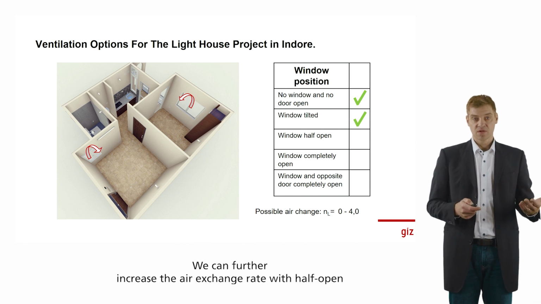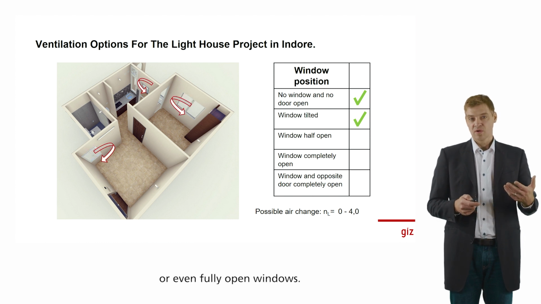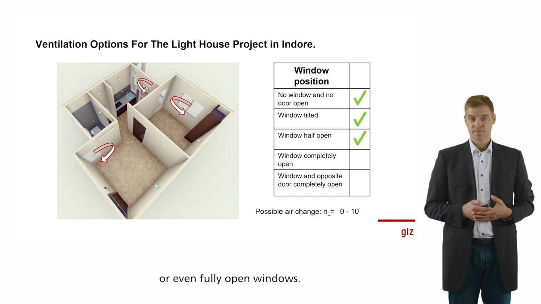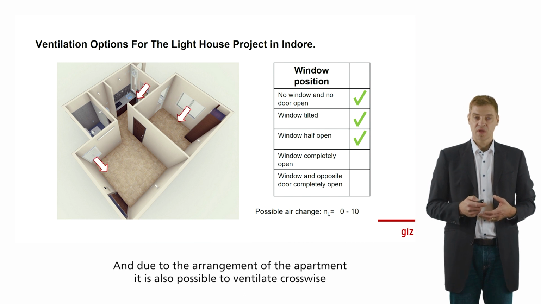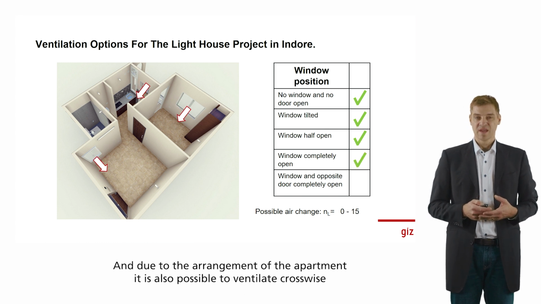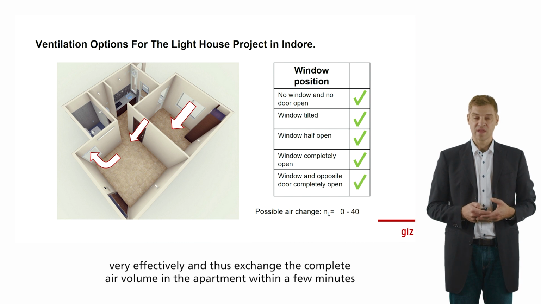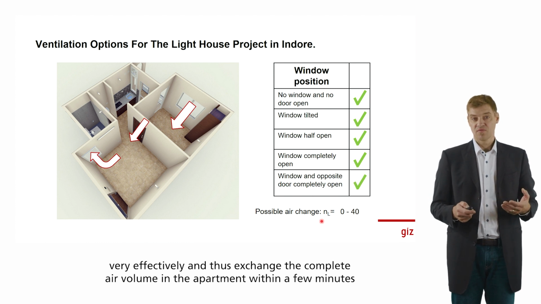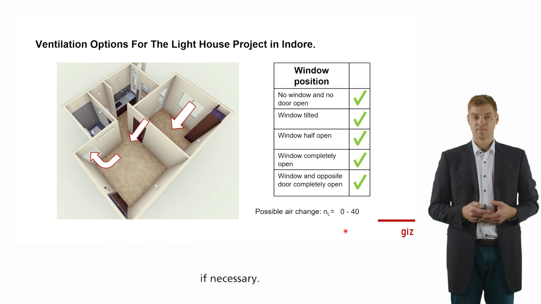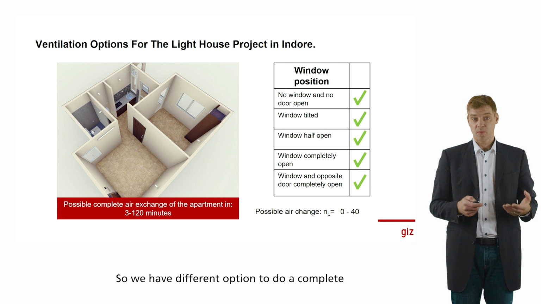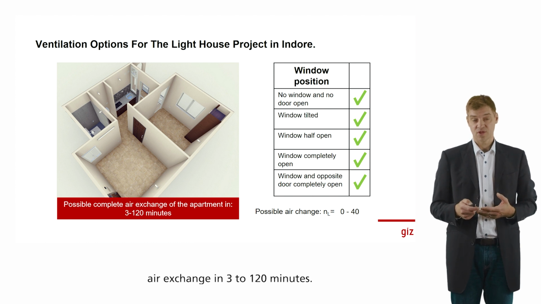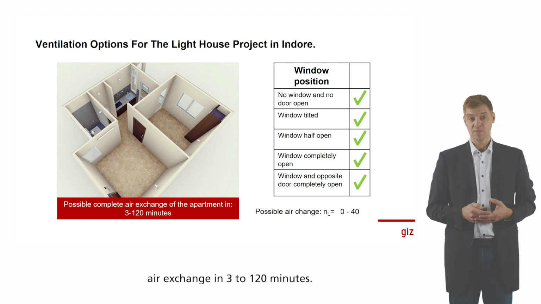We can further increase the air exchange rate with half open or even fully open windows. And due to the arrangement of the apartment, it's also possible to ventilate crosswise very effectively and thus exchange the complete air volume in the apartment within a few minutes if necessary. So we have different options for a complete air change in 3 to 120 minutes.